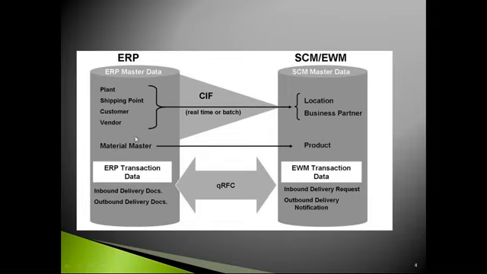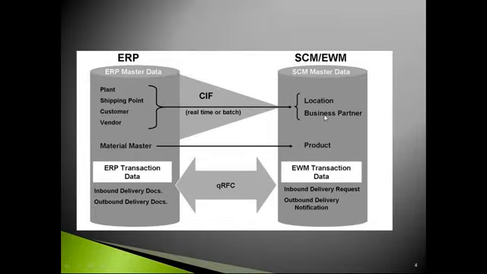See here, the left side cylinder is the ERP system, and the right side is the SCM EWM system. Plant, shipping point, customer, vendor, material master. Plant and shipping point are the org structures, and we use the core interface. Vendor, customer, material master are the master data.